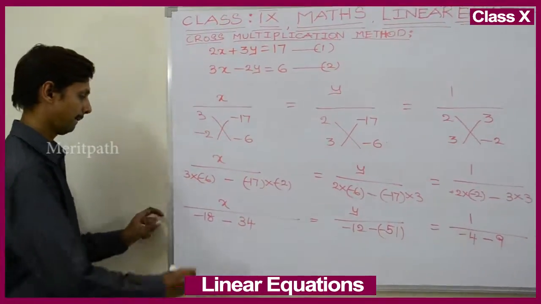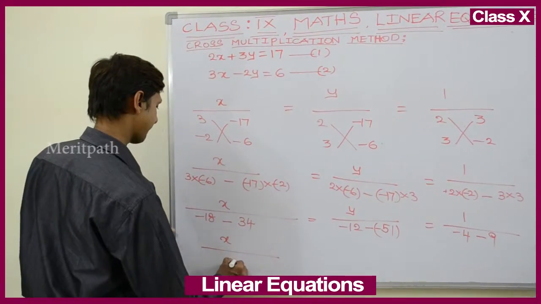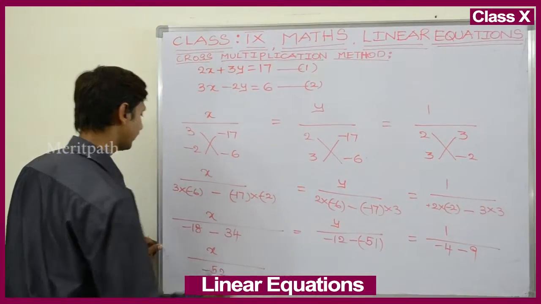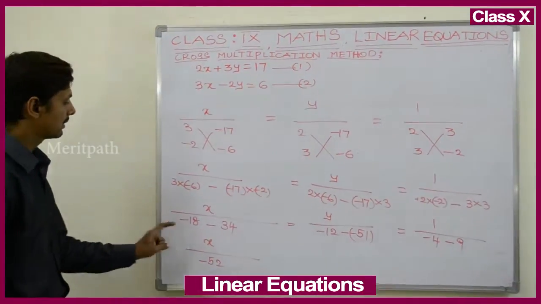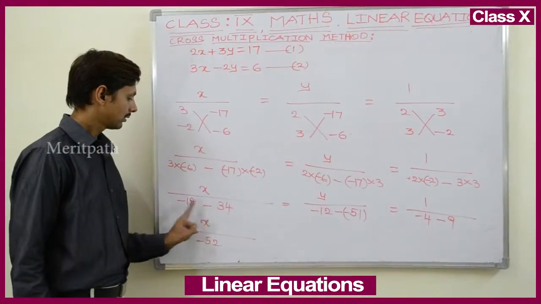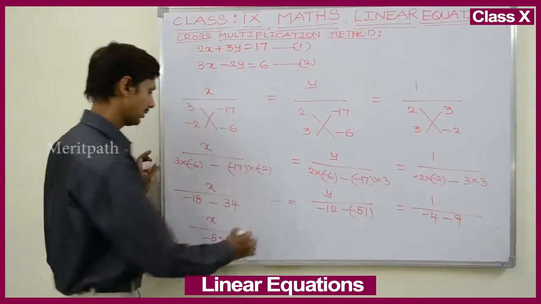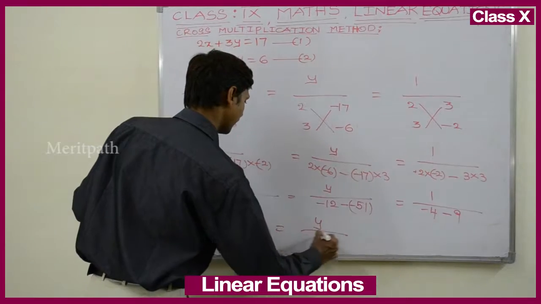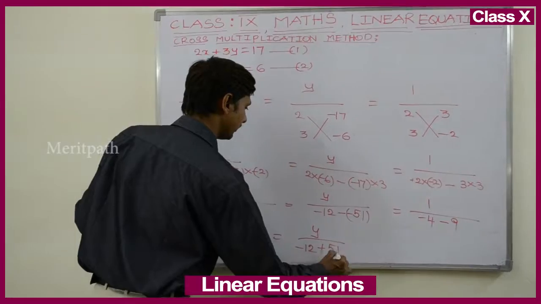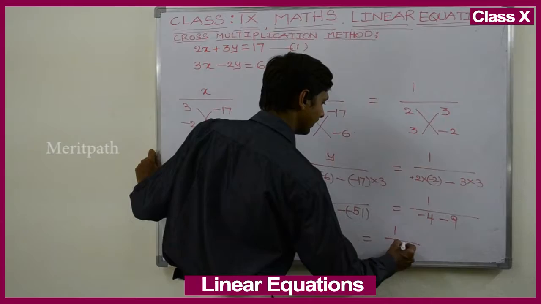After this simplification, x by, let us add these two numbers, we get minus 52. Minus 34 minus 18 is minus 52, equals y by minus 12, minus into minus is plus, plus 51, equals 1 by minus 4 minus 9.